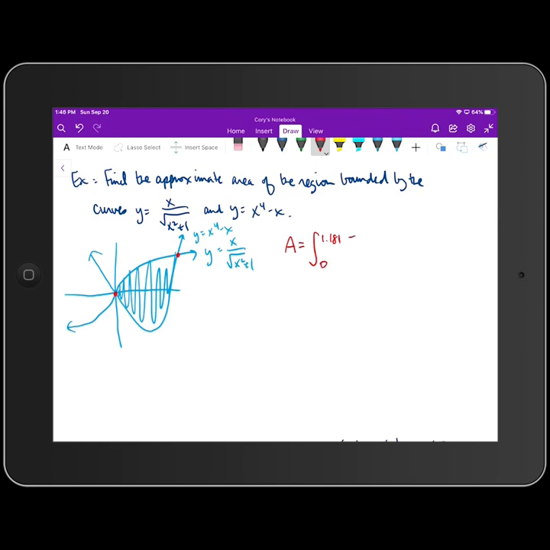And then we're going to take the larger function, so the function that bounds the area from above is x over rad x squared plus 1 minus the function that bounds the area from below, which is the function x to the 4th power minus x. And again, you want to make sure you subtract that entire quantity, that entire function. So when you evaluate that on your calculator and round to 3 decimal places, you get that to be approximately 0.785.